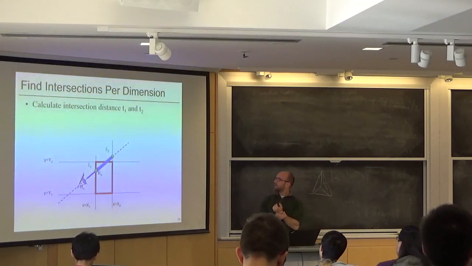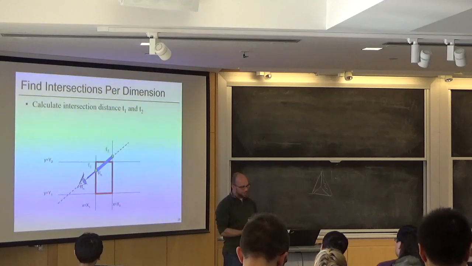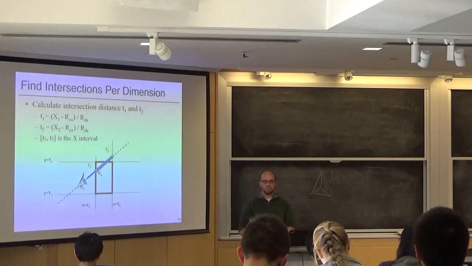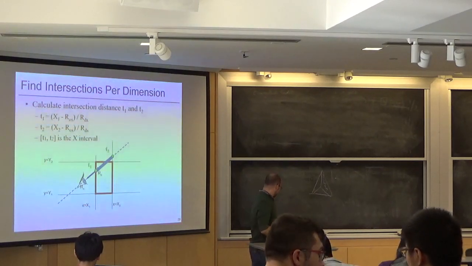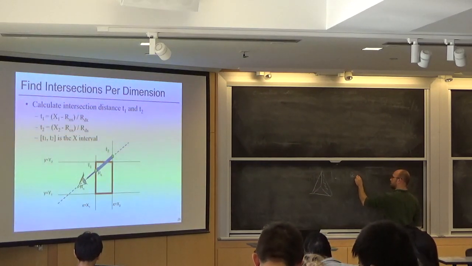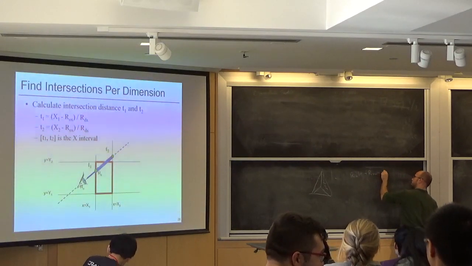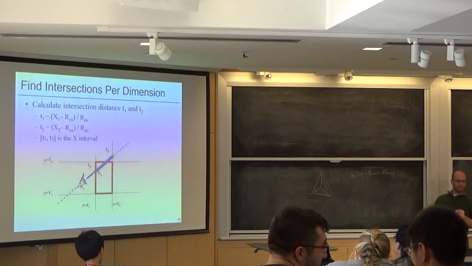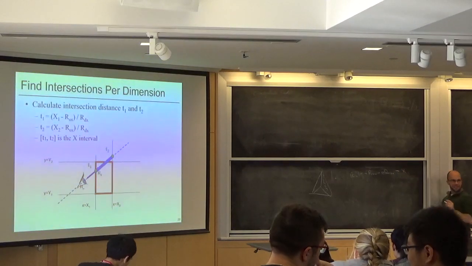Okay. So our job then reduces to just finding t1 and t2 for our 3 dimensions, and that's nothing more than one-dimensional math. At the end of the day, the x coordinate of my ray, ray x of t, is equal to r0x plus t times r direction x. If I'm trying to find the time when that thing equals x1, I just have to solve this equation.